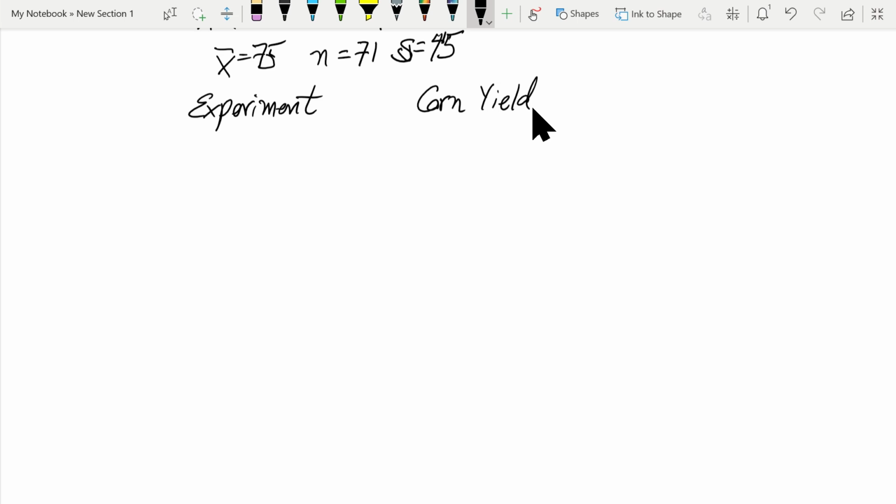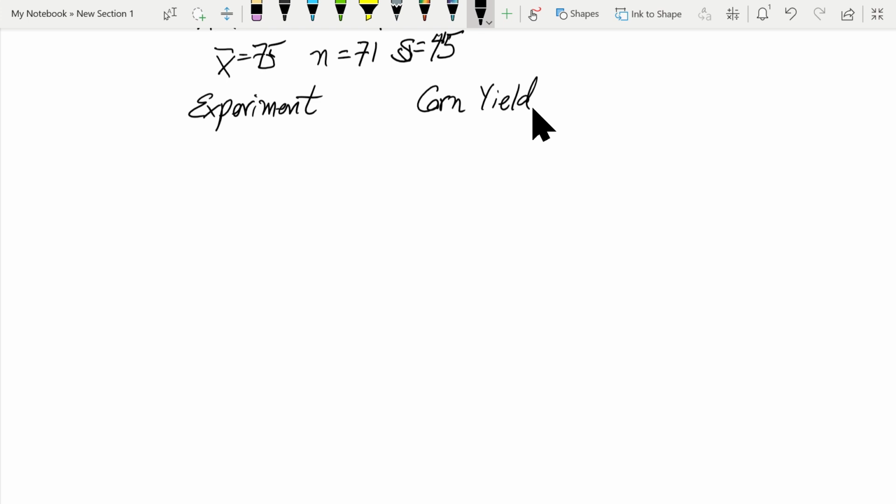And the deal is that if I'm doing a corn yield experiment, I have to control every factor except what I want to test. And usually the example is a fertilizer. If I put fertilizer on this, and I don't put it on this, is there a difference in the yield? And my test is, is the fertilizer effective?